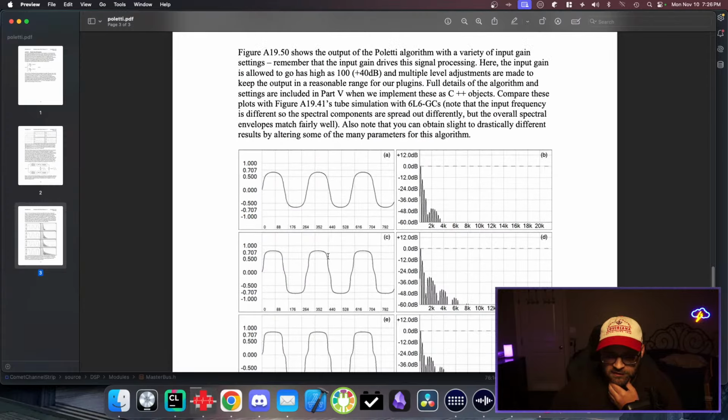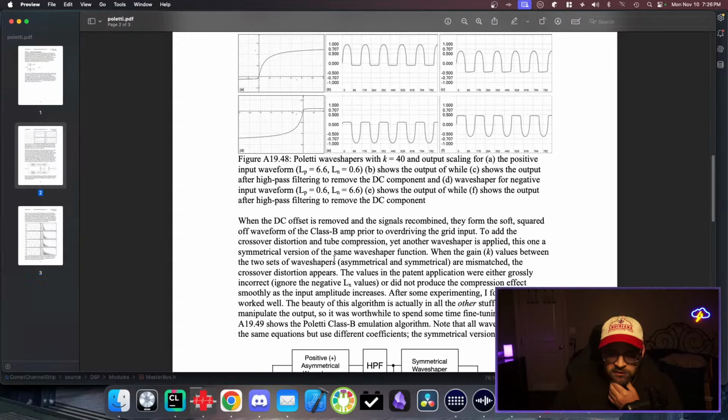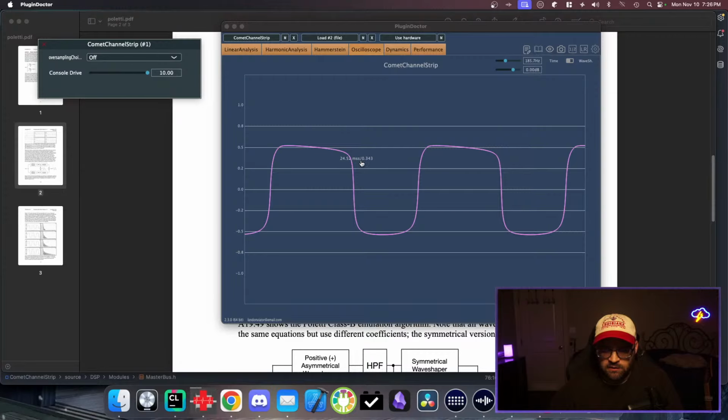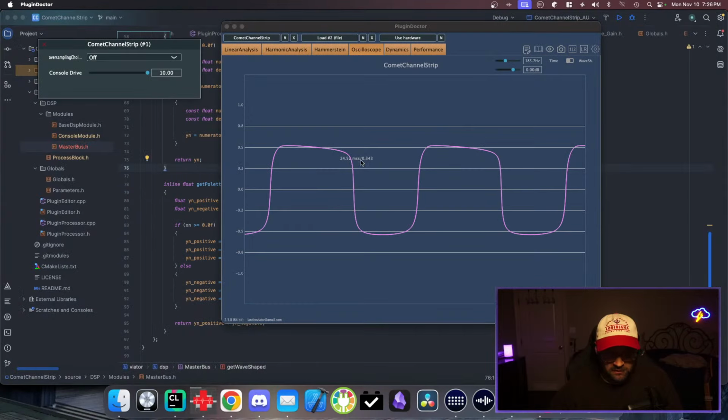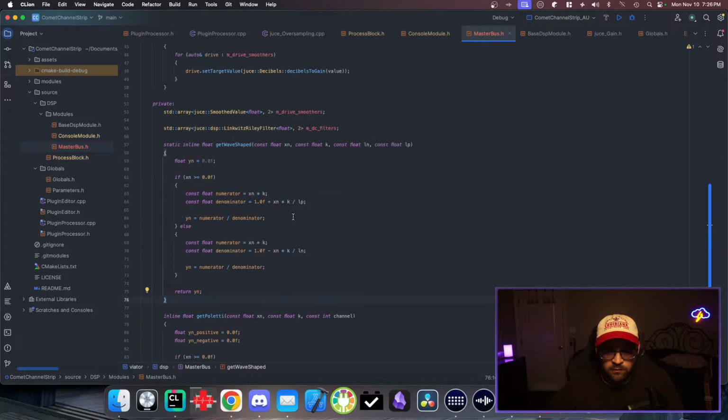So let's see. It could be a bunch of things. Okay, so maybe this is what it is. The positive uses 6.6 and 0.6. Okay. Let me close Plugin Doctor. So the positive, which was this one, what order is it again?